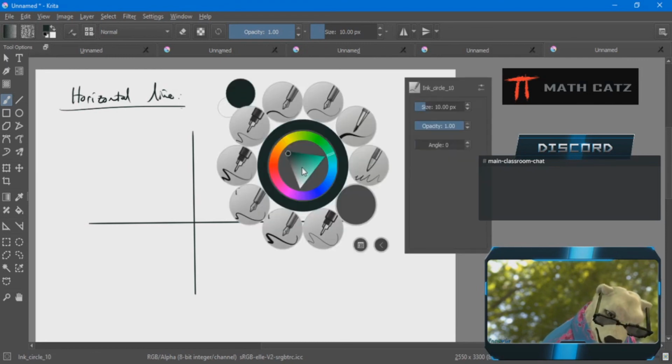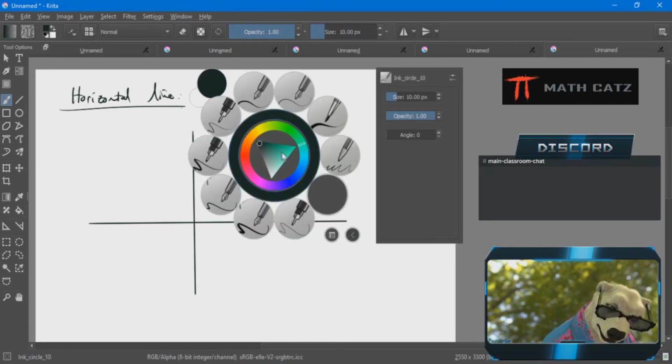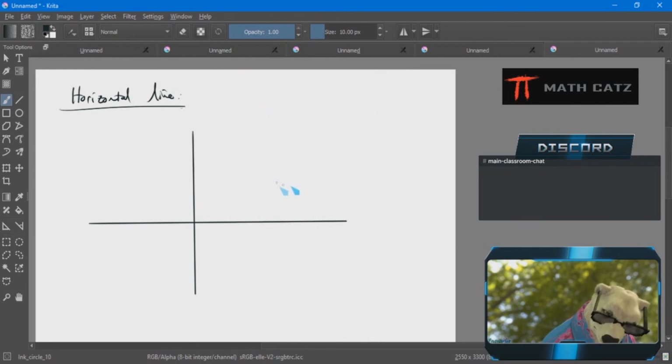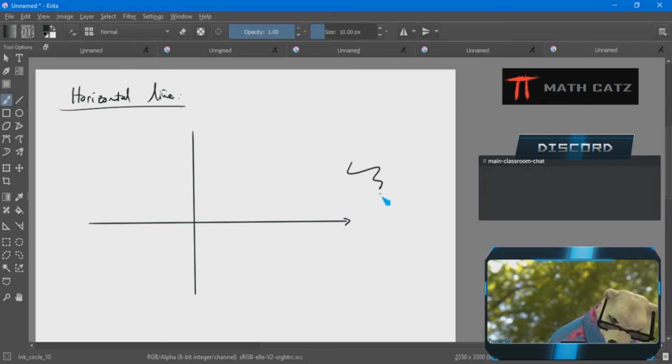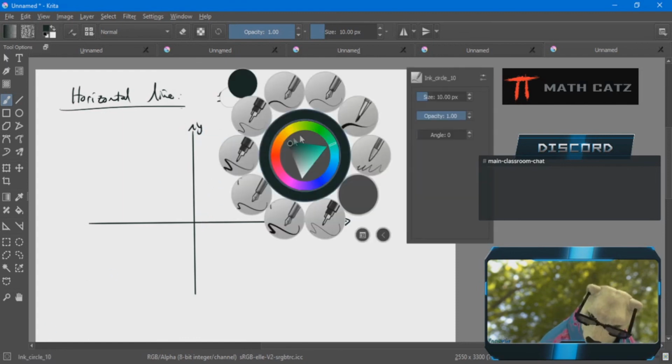Did I accidentally change colors? No, I'm in black and everything. It was just very slow, apparently. Wow, okay. Now it's back. Okay, good. It doesn't like horizontal lines. For example, nope. I'm going to make the line first. Let's make it pink or something.